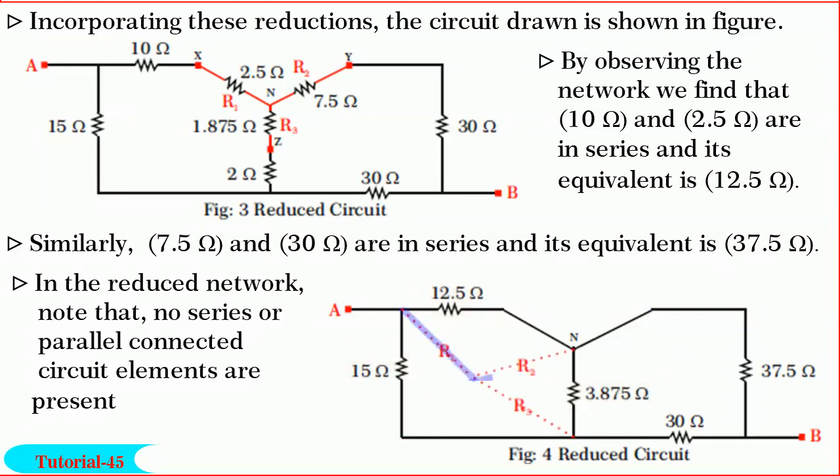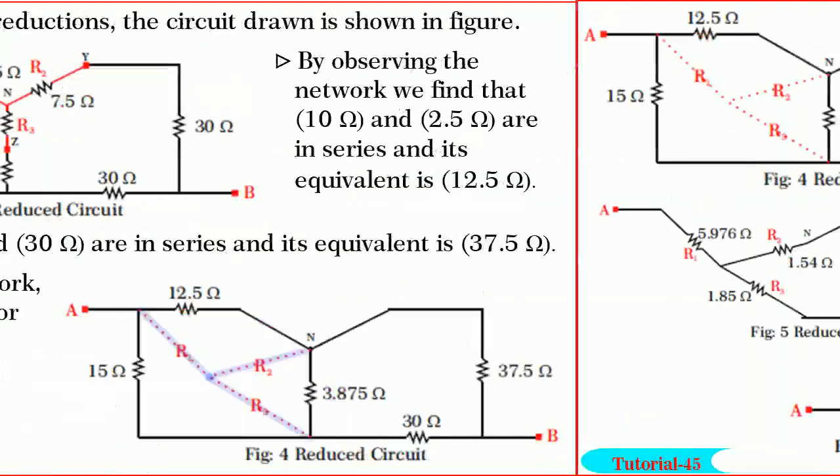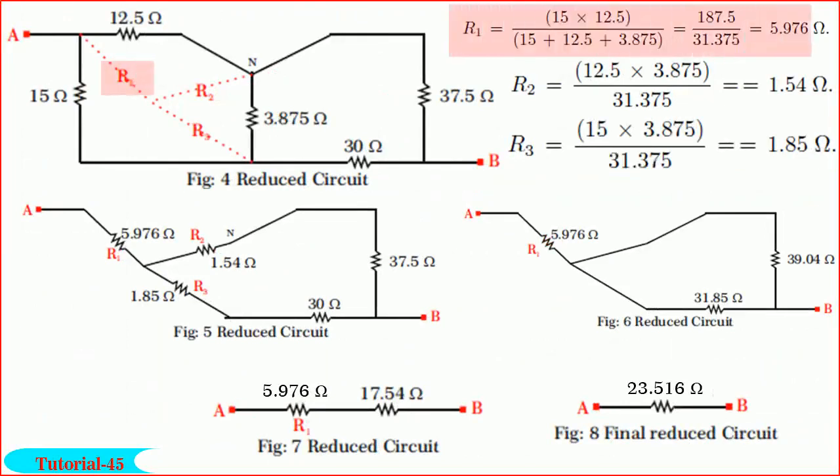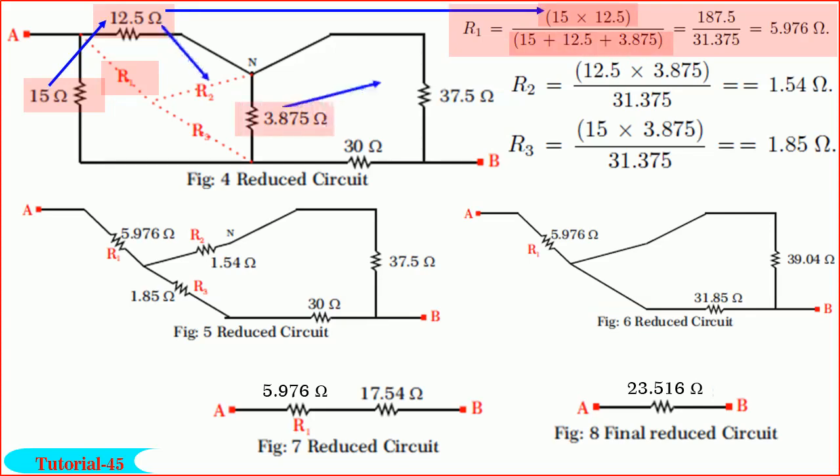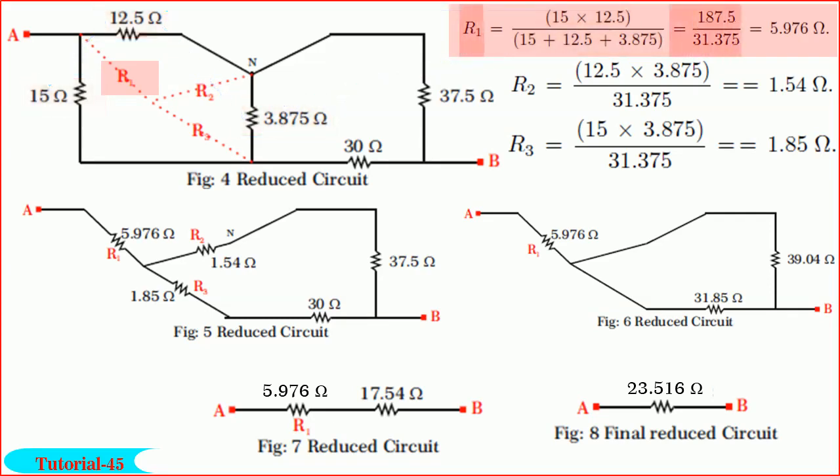Let R1, R2 and R3 be the circuit elements of the star network. We know that R1 is equal to 15 into 12.5 ohm divided by 15 plus 12.5 plus 3.875, which will give us R1 equal to 187.5 divided by 31.375, and hence R1 we get equal to 5.976 ohm.